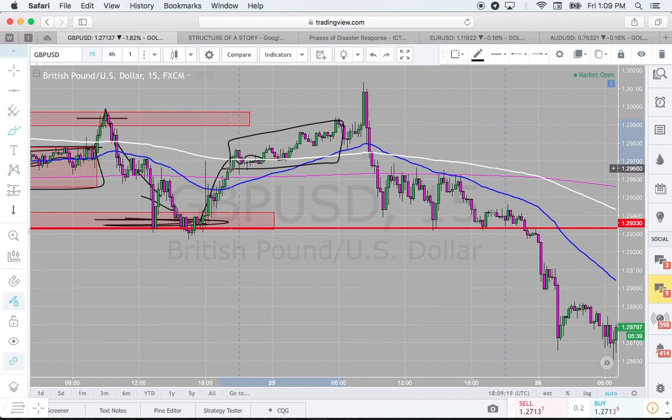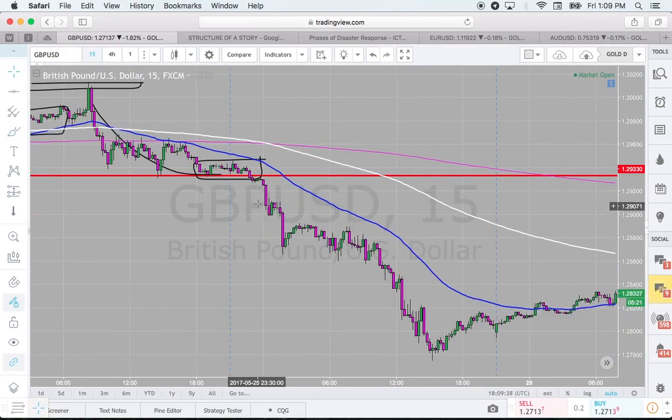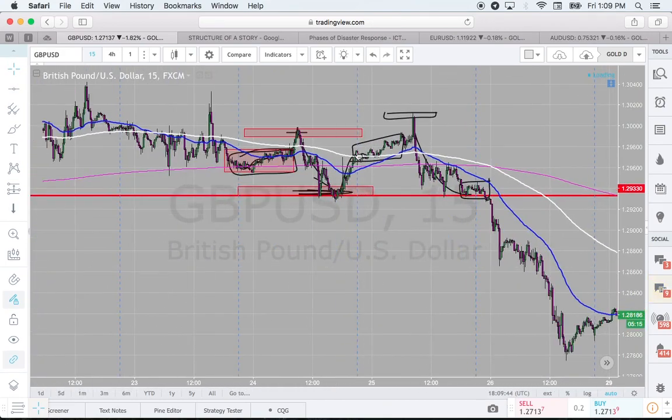You can see the trap, the consolidation, they spiked to the high, any stop losses in here were hit, and then retraced low and did the same thing, consolidation. And then drop, and then consolidation once more. So this is just a pattern.